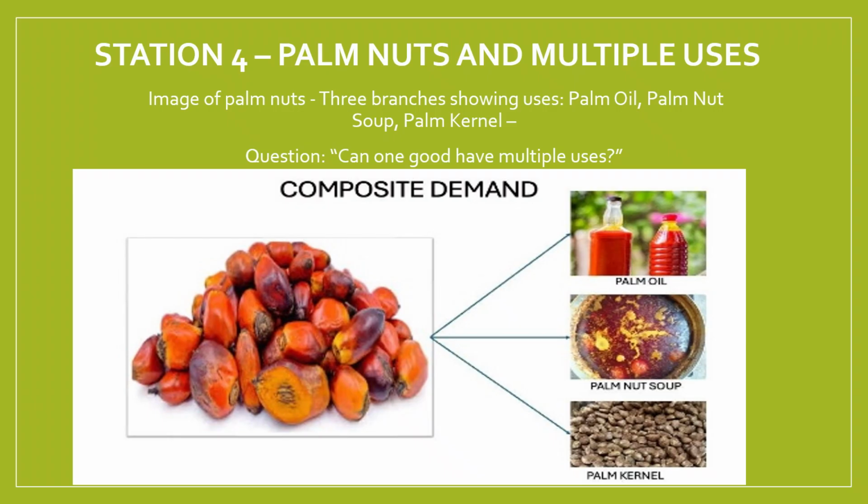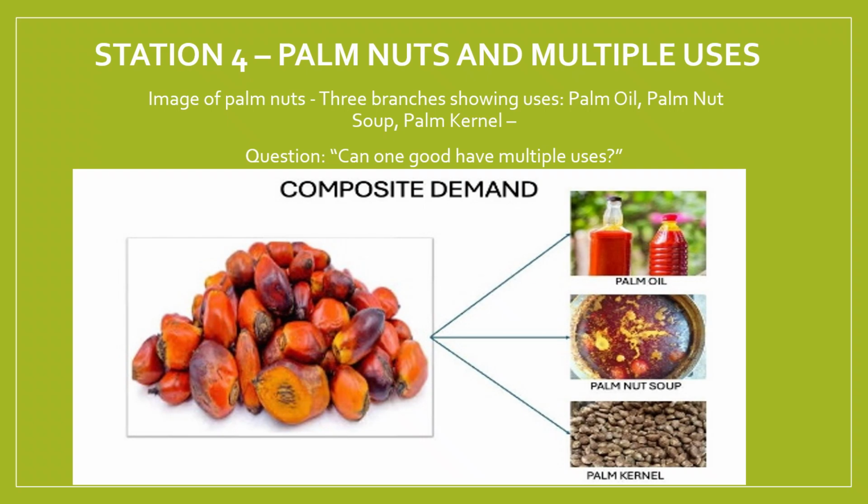You have palm oil, palm nut soup, palm kernel. Palm nuts can be used to make palm oil. Palm nuts can be used to make palm nut soup. Palm nuts can be used to extract palm kernels. These are 3 different uses for the same good.